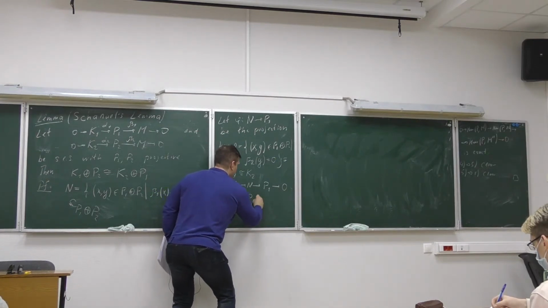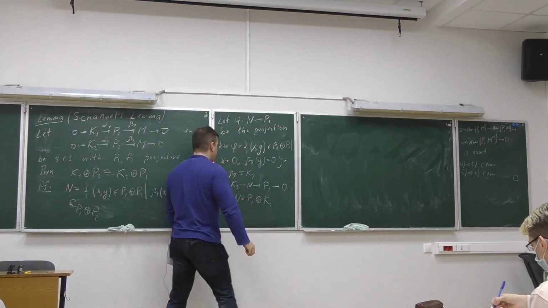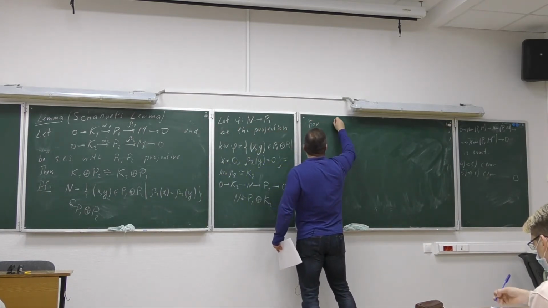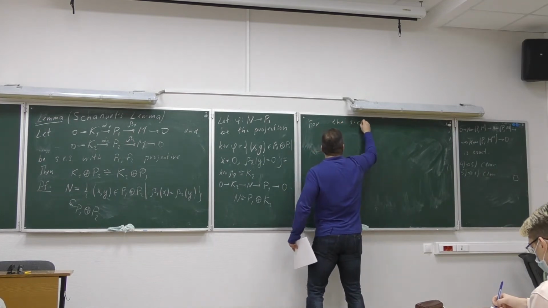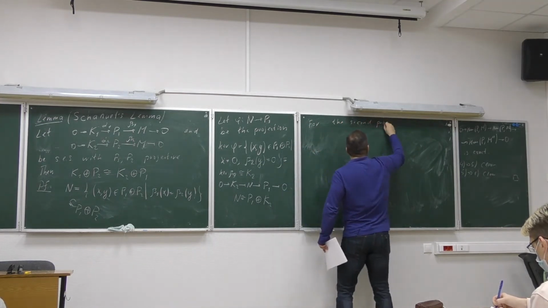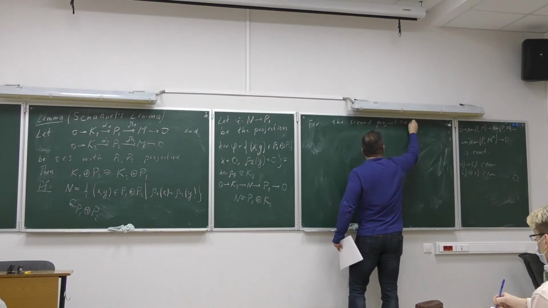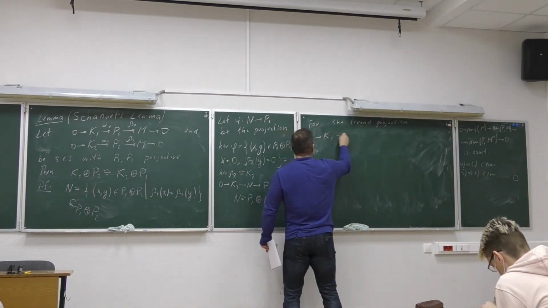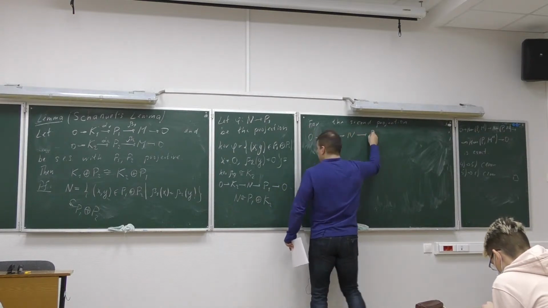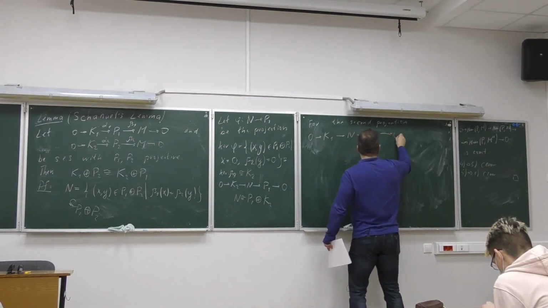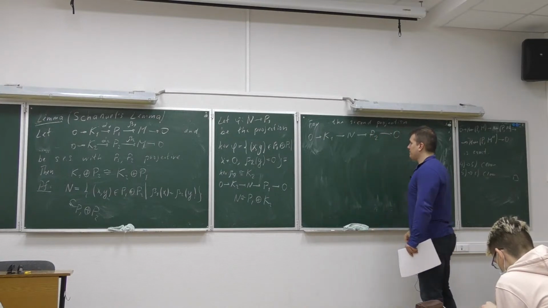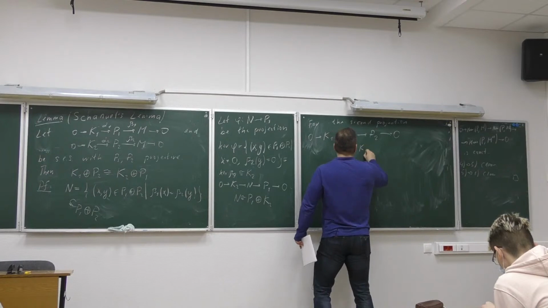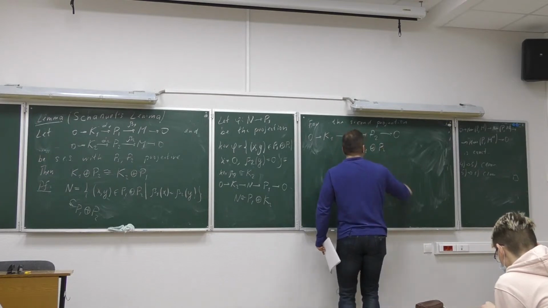So this is P1 plus K2. For the second projection I'll get exactly the same thing: K1, N, and P2. The proof will be exactly the same. And it follows that N is also isomorphic to K1 plus P2.